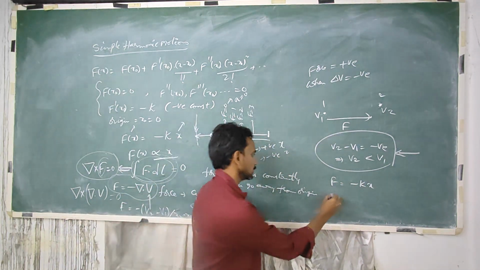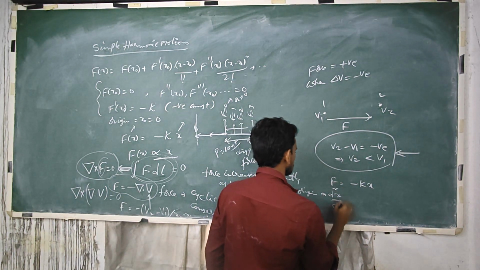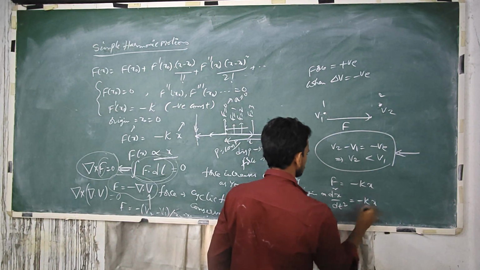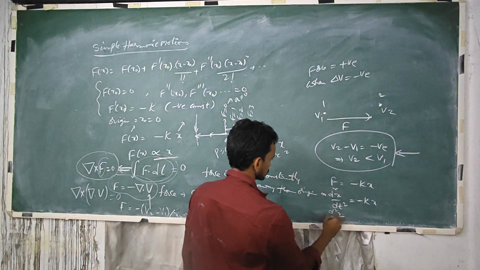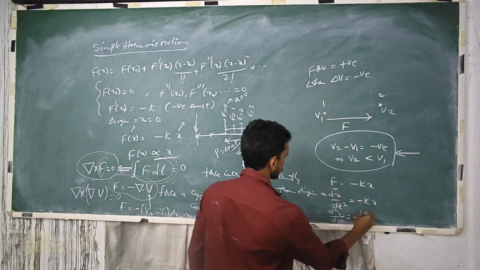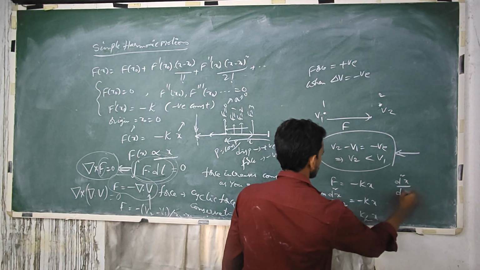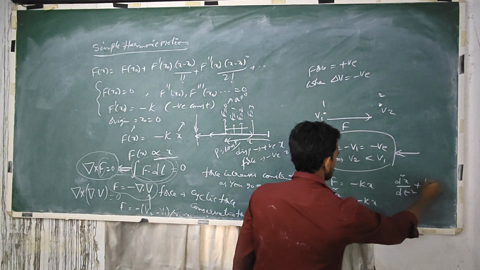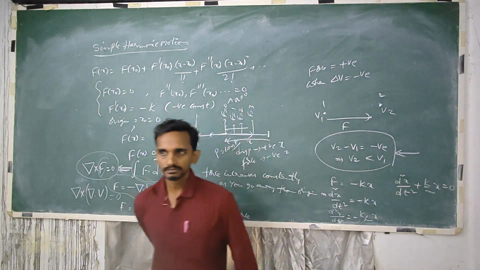So m d square x by dt square is equal to minus kx. If I take it to the other side, d square x by dt square is minus k by m x, or d square x by dt square plus k by m x is equal to 0.